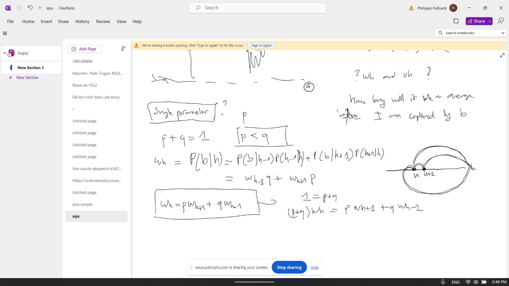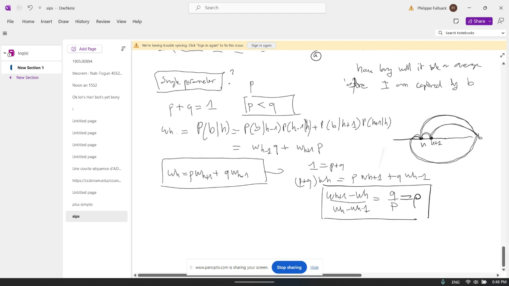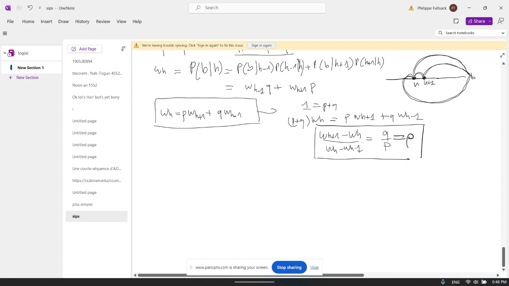And now I can rewrite this easily as WH plus 1 minus WH divided by WH minus WH minus 1 equal Q divided by P. So this is a very important formula, and I'm going to call this parameter rho.